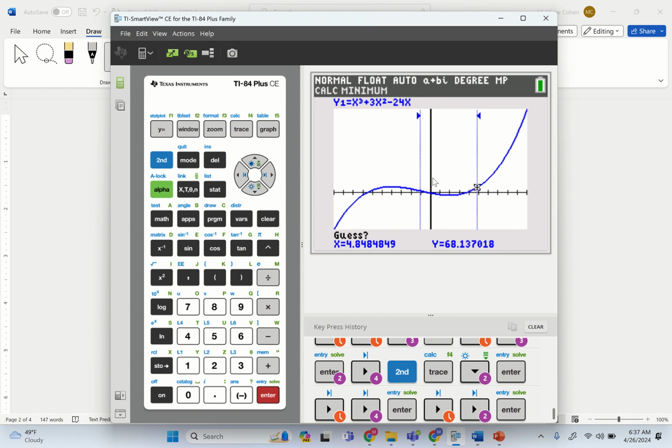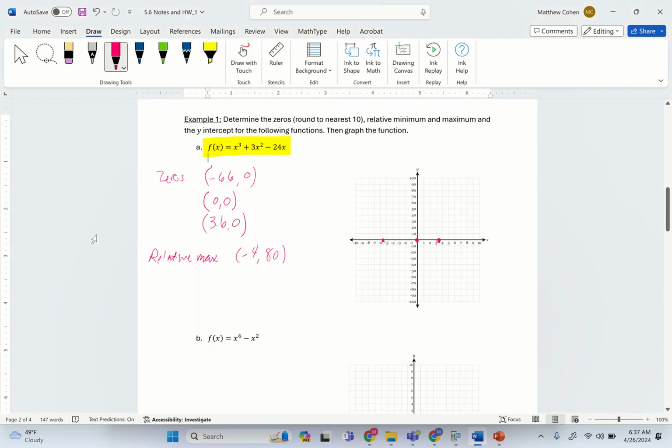And now it's going to tell me what is the lowest y value between these two boundaries. So when I hit enter, it goes to that minimum point, which is (2, negative 28). So I'll write there's a relative min at (2, negative 28). And we can graph those 2 points, so negative 480 and (2, negative 28).